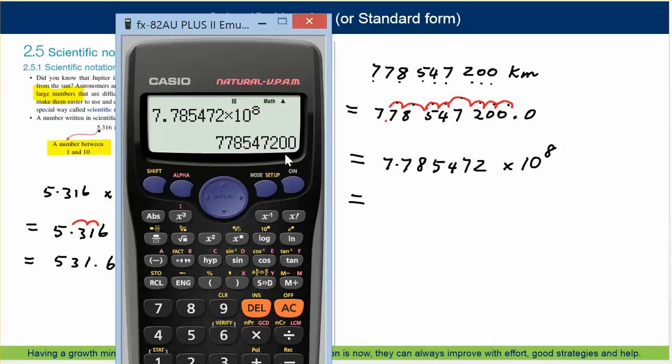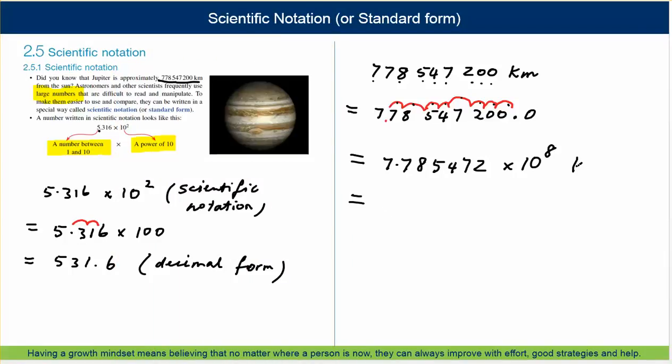And you'll see that's identical. You see there's 2 zeros at the end here, which matches the original number. So here we've gone from, and I'll put that in kilometres because that was the units. Just keep in mind, up here this is decimal form, and down here this is scientific or standard form.